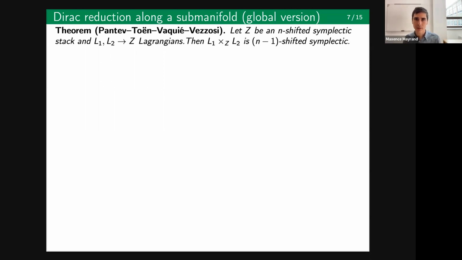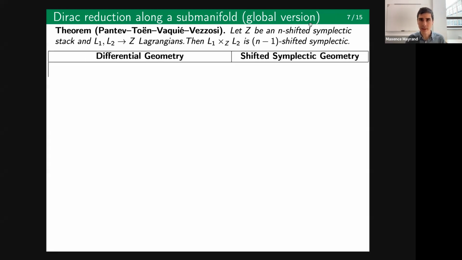Then the fiber product of these two Lagrangians is (n-1)-shifted symplectic. So in particular, if you have something which is one-shifted symplectic and you find two Lagrangians, you get zero-shifted symplectic, which means ordinary symplectic geometry. So that's the idea.